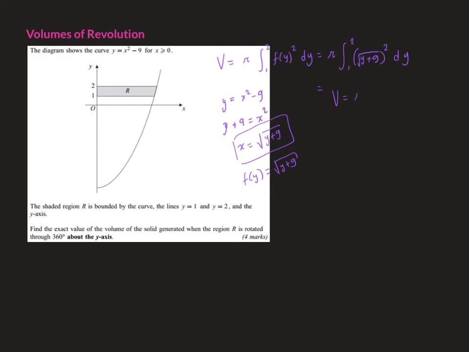The volume is going to be pi integral from 1 to 2, and then these two functions are inverse of each other, so they cancel, and we can just get y plus 9 dy, and that is pi times y squared divided by 2 plus 9y evaluated between 1 and 2, and that is pi times 2 squared divided by 2 plus 9 times 2 minus 1 squared divided by 2 minus 9 times 1, and this is equal to 21 pi divided by 2.